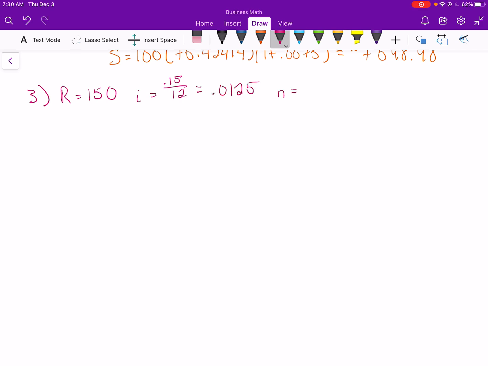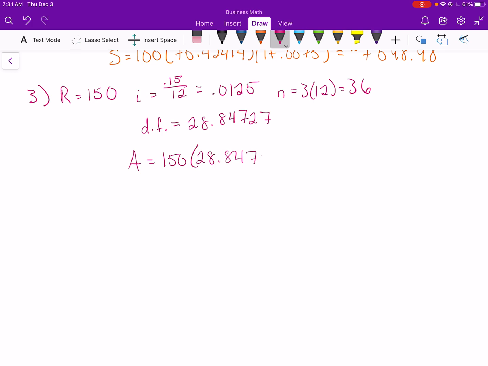Our N is 3 times 12, which is 36. Since we're computing present value, we need a discount factor instead of an accumulation factor. So 28.84727. So our present value A is 150 times our discount factor, which is $4,327.09.